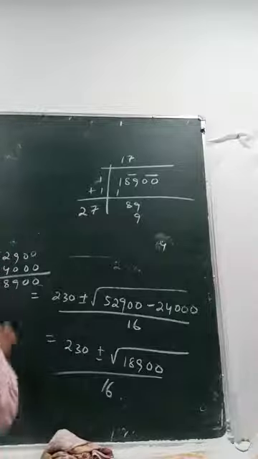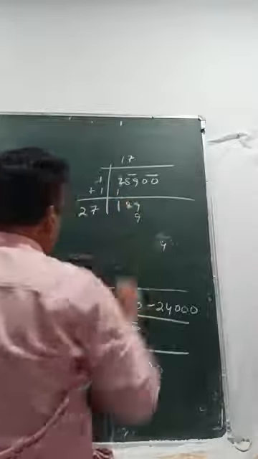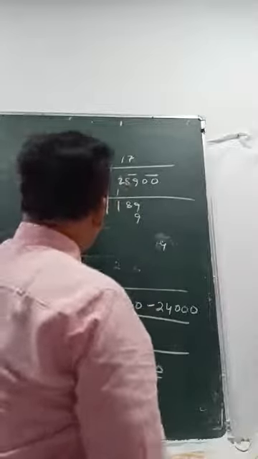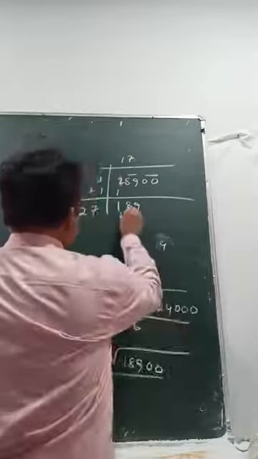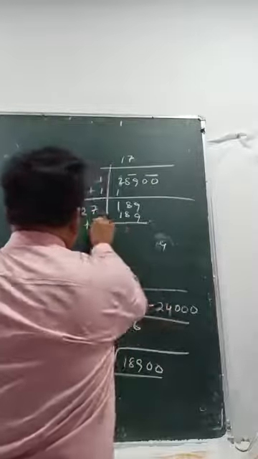Sorry, this is 289. 7 2 is 14, 4, 18. That means 20 will come down. Plus 7 you have to make here.